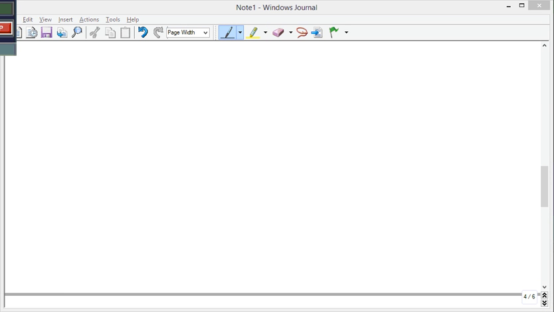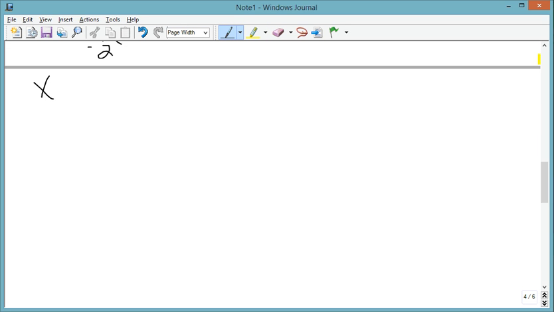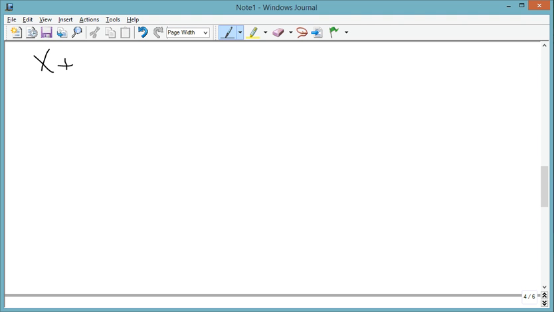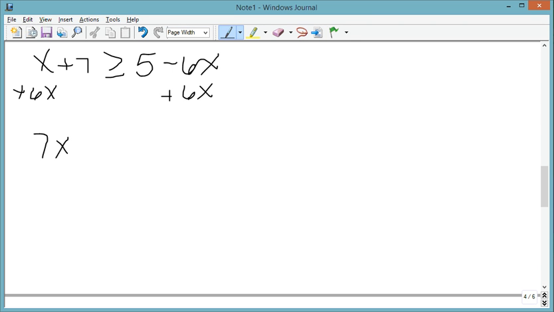Okay, let's try one with a greater than. Plus 7 greater than or equal to 5 minus 6x. Now try it out, see if you can do it. If I add 6x to both sides, and I can subtract 7 from both sides, I get 7x is greater than or equal to -2.